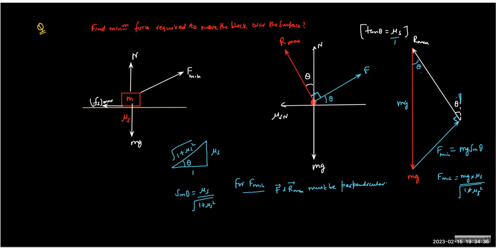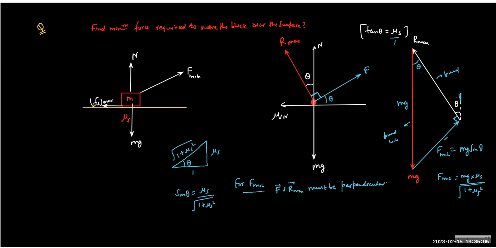So the interesting thing is that the direction of R max is fixed, and we have to draw the mg in such a way as to make the F minimum, which is only possible when it is perpendicular, right? This is the fixed line. Mg is also a fixed line. And F we have to decide in a way to make it minimum, and that is only possible when it is a right angle.